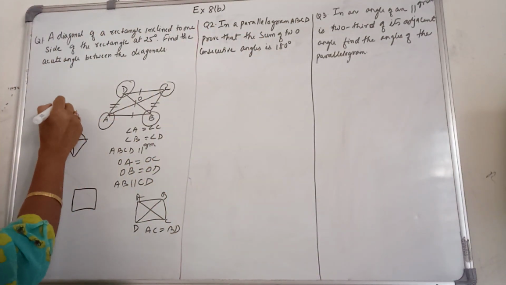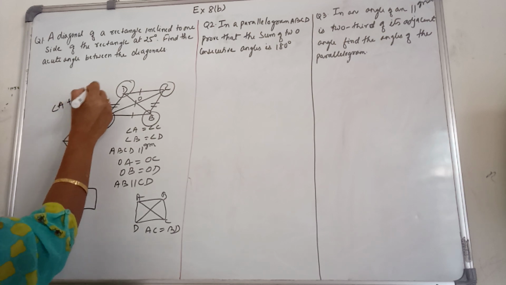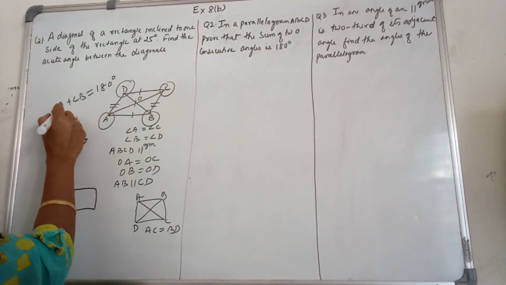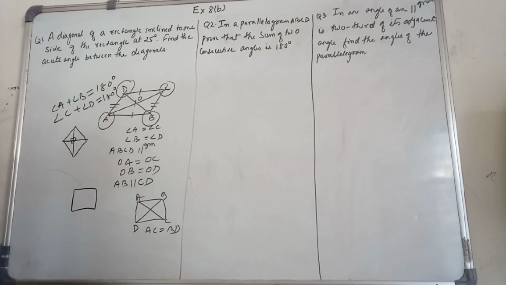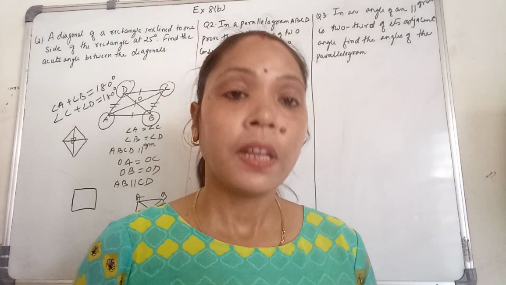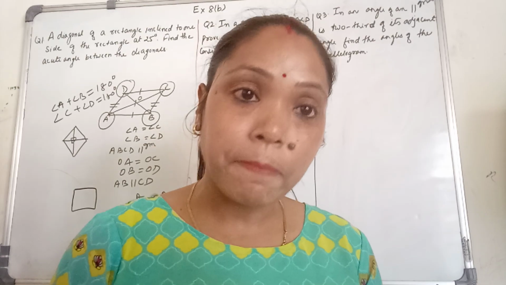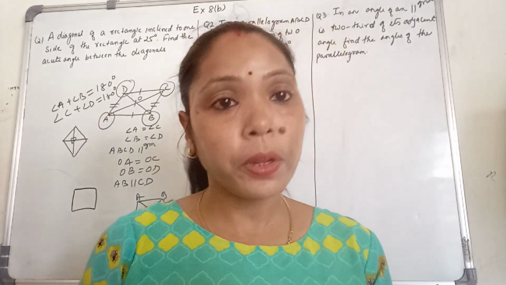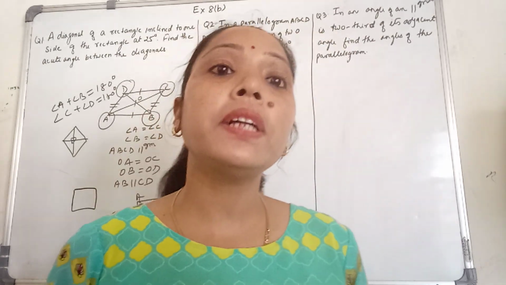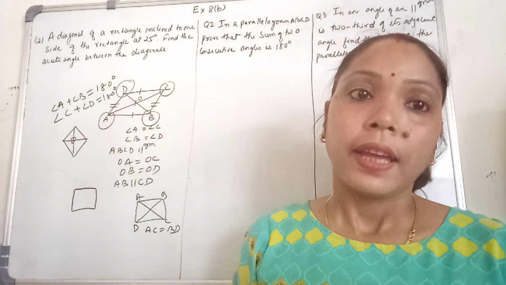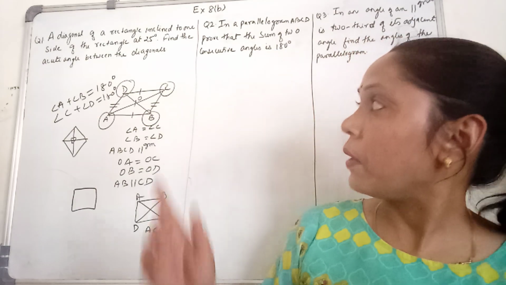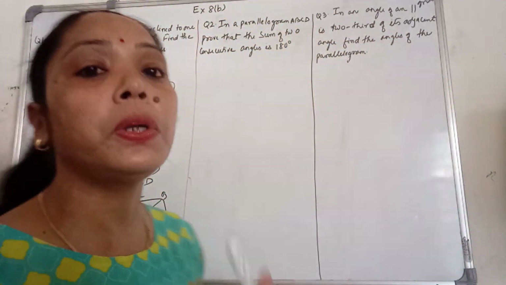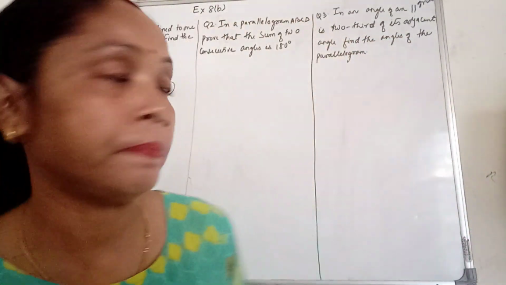So angle A plus angle B is equal to 180 degrees, and angle C plus angle D is also equal to 180 degrees. So these are the properties, or you can say theorems, we are going to use to solve exercise 8b. Today I selected only 3 questions, question number 1, 2 and 3.